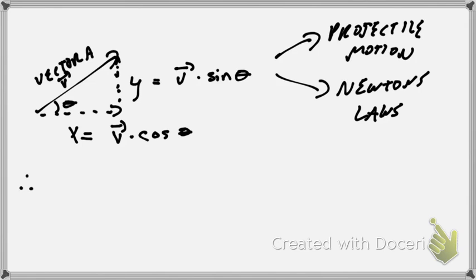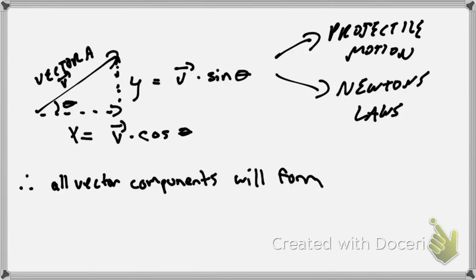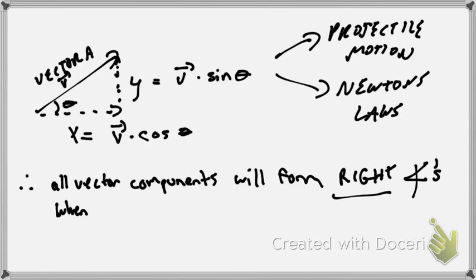One thing to keep in mind is that all vector components will form right angles when put together. So here's a right angle.